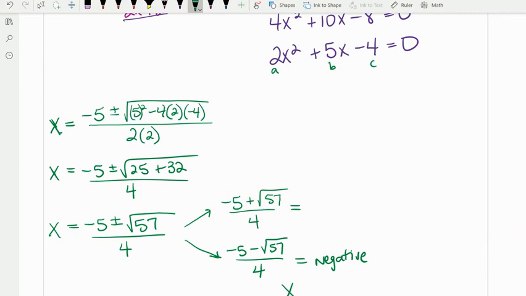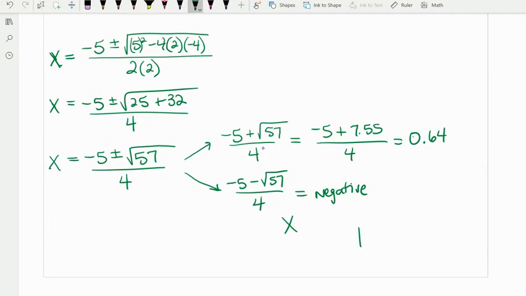I'm going to do the square root of 57. So we get negative 5 plus, that's about 7.55, and then divide that by 4. Put that in my calculator. Divide by 4. I get 0.64 approximately if I round that.